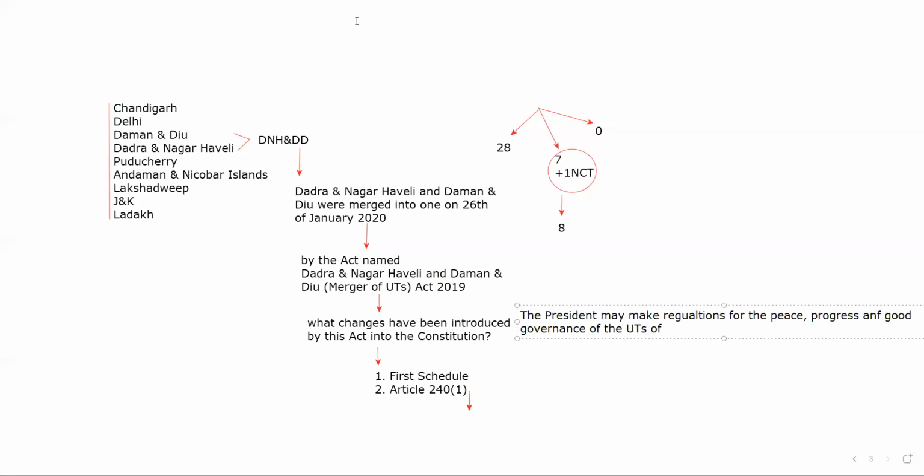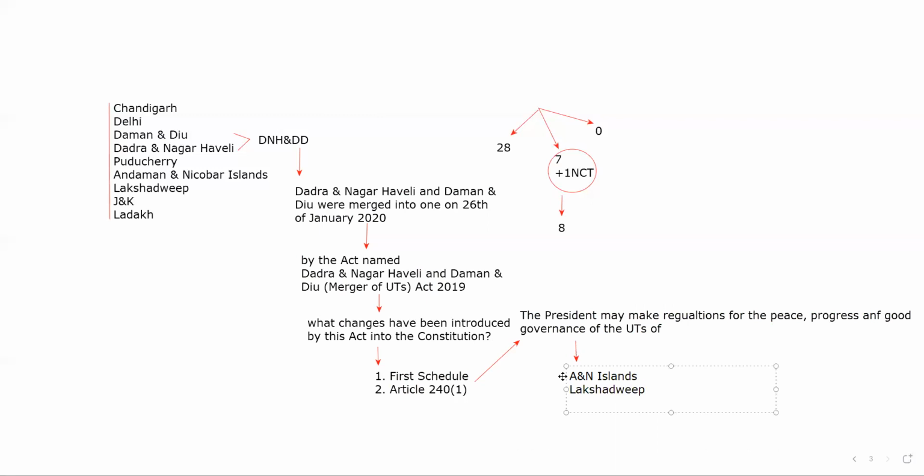Let me tell you which UTs they talk about. Number one is the Andaman and Nicobar Islands. Number two is Lakshadweep.